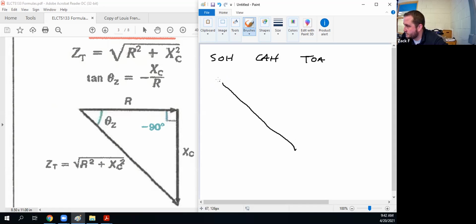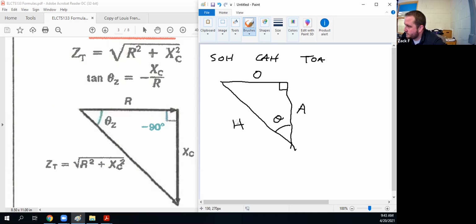In a right triangle, you're talking about these angles. If I pick an angle right here, let's call this theta, where's the hypotenuse of this triangle? The hypotenuse is always opposite the 90 degree angle, right? So this is the hypotenuse, this is opposite, and this is adjacent.